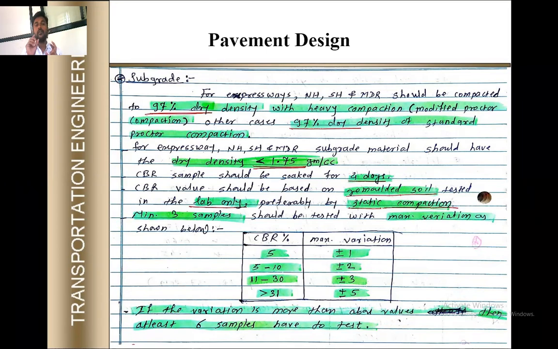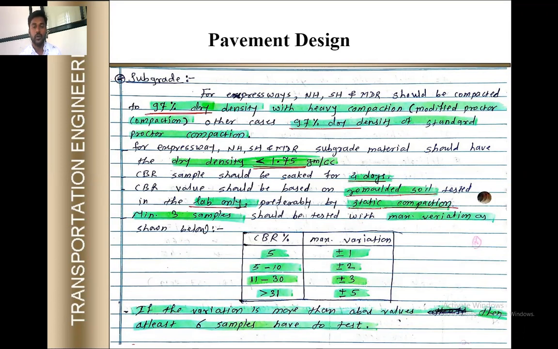And whenever we are dealing with other roads, that is village roads, minor district roads, or other district roads, we have to ensure 90% of dry density by the standard Proctor test.